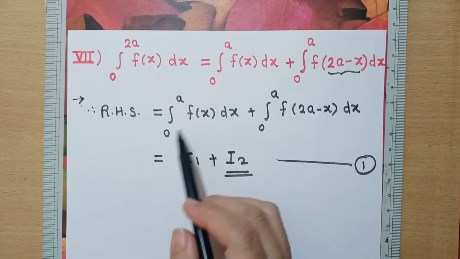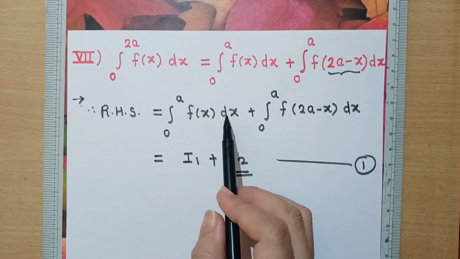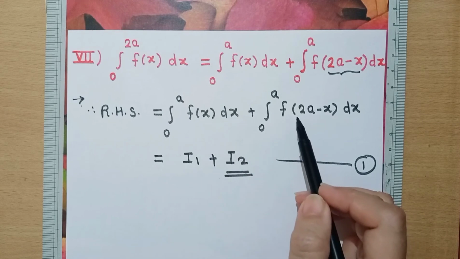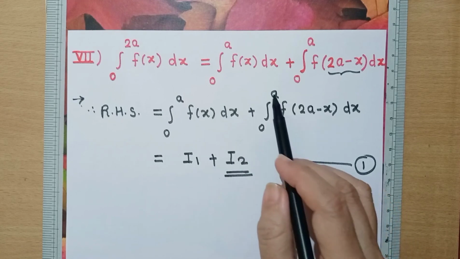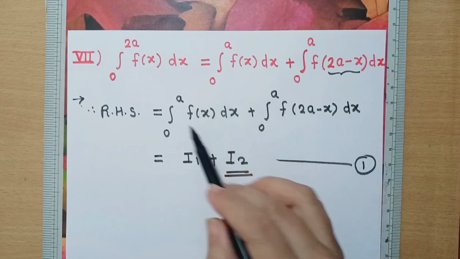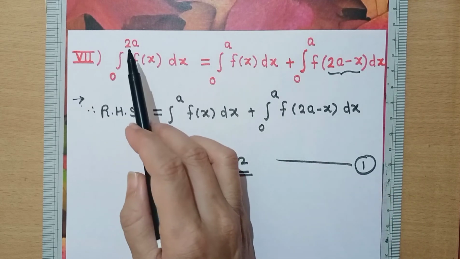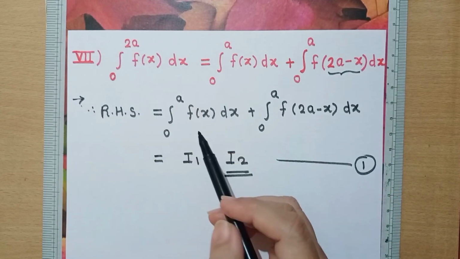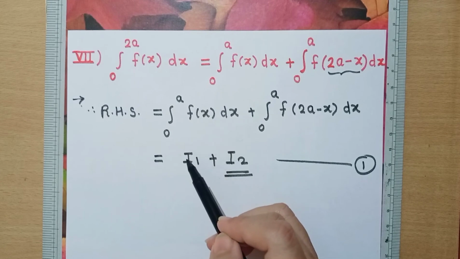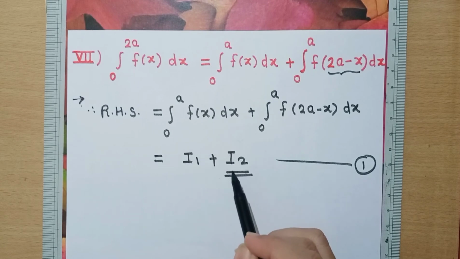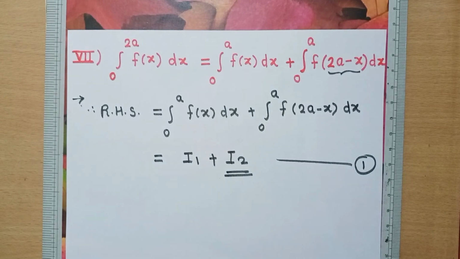Check first integral 0 to a f(x) dx. If we prove this second integral as a to 2a f(x) dx, then we have this equal to 0 to 2a f(x) dx. So we will keep this first integral as it is, and we will solve only this I2 integration.